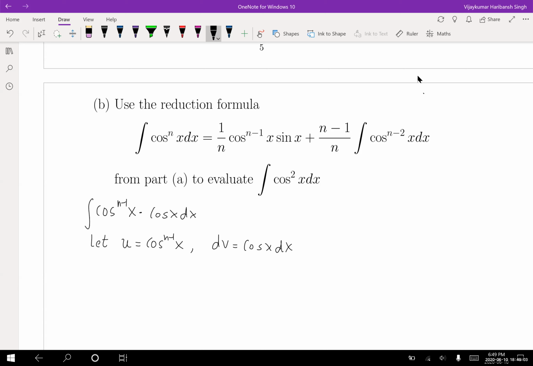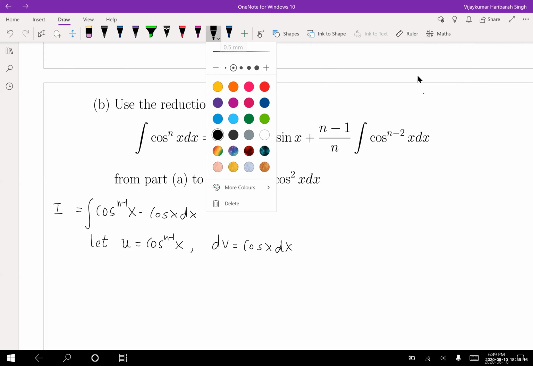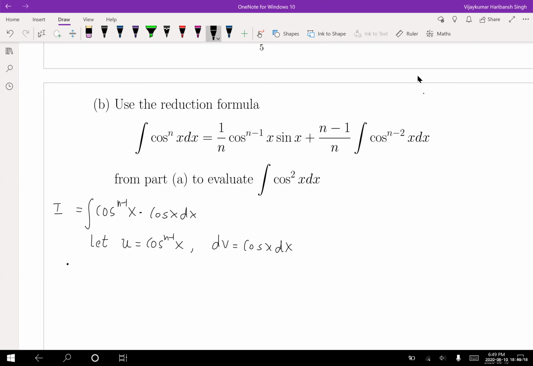So the formula tells me the integral I is uv minus integral of v du. So I equals uv, which is cos to the power n minus 1 x.